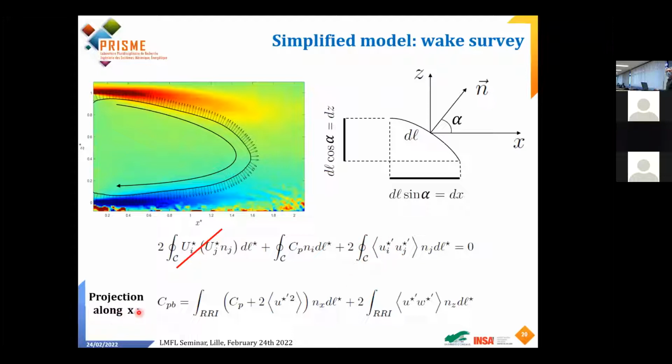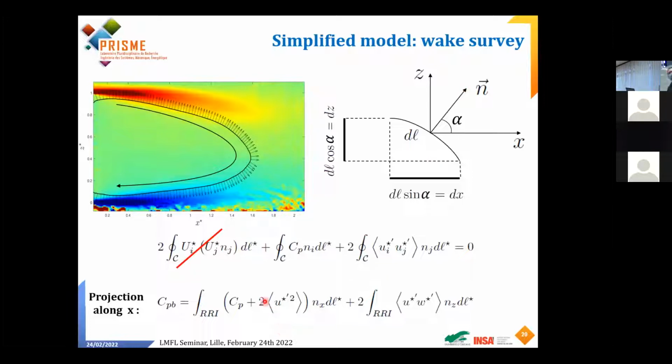And along the x direction, I will get this equation using this projection system, where the local curvature of my interface will be connected to a normal n that I can project along z and along x. All right?